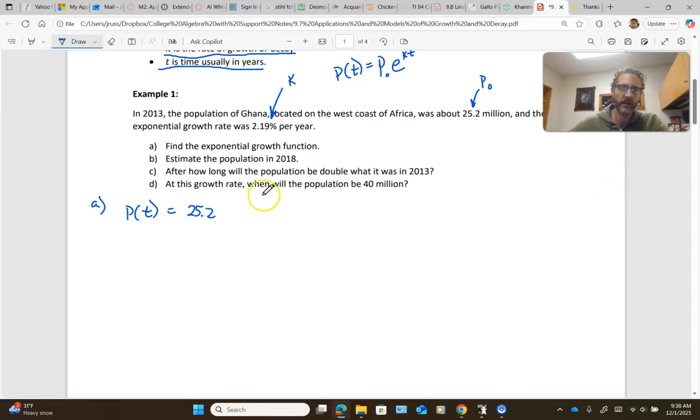You can just write 25.2. You just need to be aware that this function, the outputs will be the population in millions as a function of time. And then e to the power of k, well, k, because k is 2.19%, that as a decimal will be 0.0219.